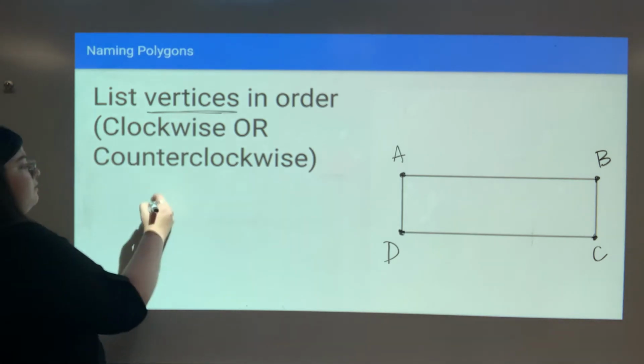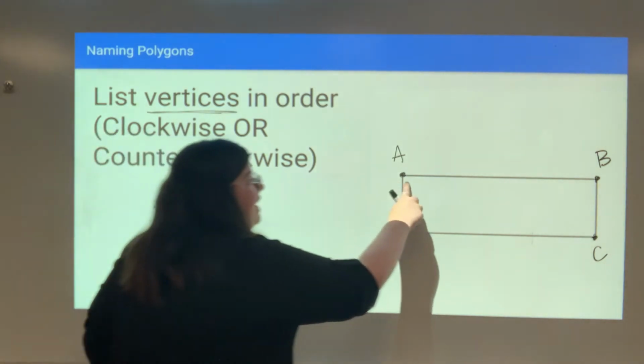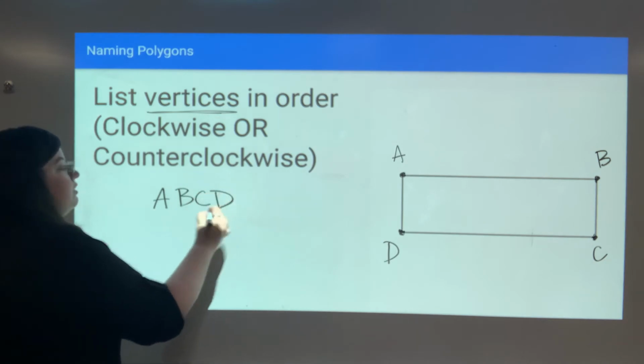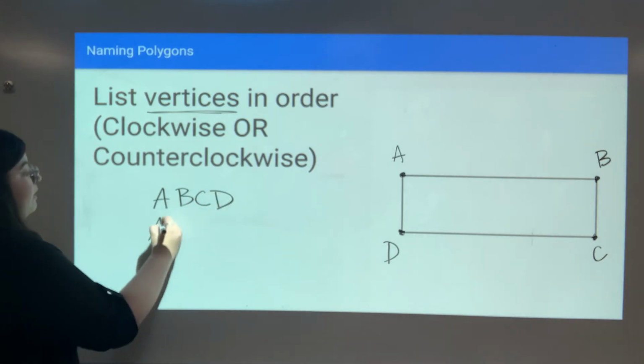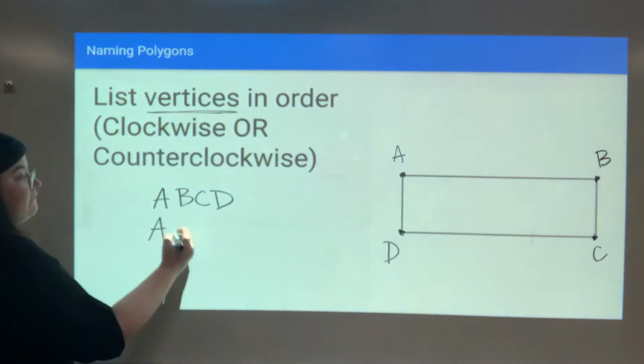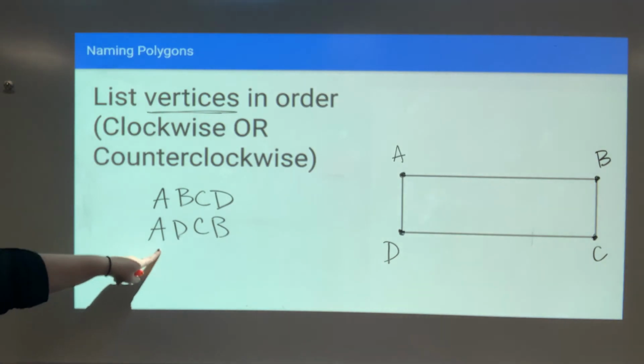So pick one and stick with the direction. So A, B, C, D, that works fine. You could go the other way. What about A, D, C, B? That's totally fine.